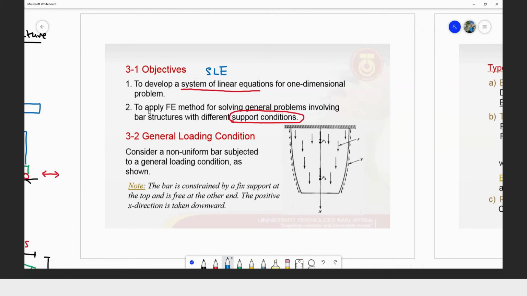Because as I mentioned, starting from this chapter number 2 until chapter number 6, we are using structural problems as our problems lah untuk kita understand finite element.